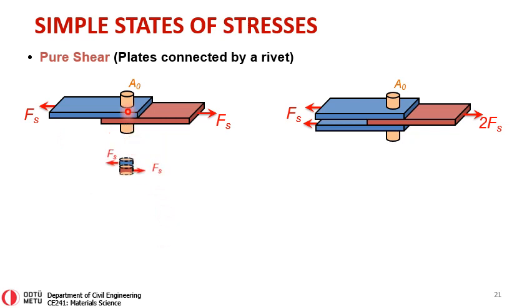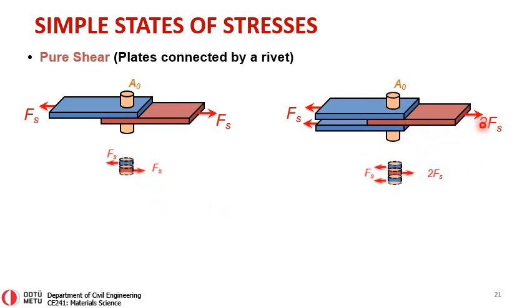If you take that rivet out, as you can see, you are pulling one end to the left, one end to the right. The forces acting on this cross section are parallel to that surface.